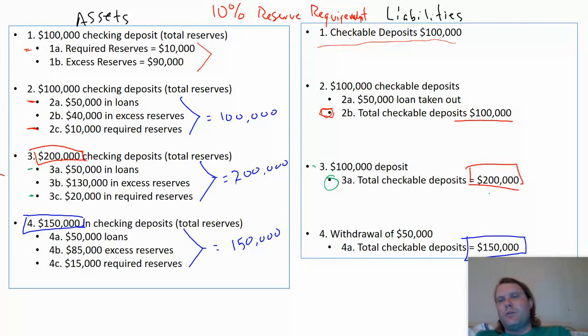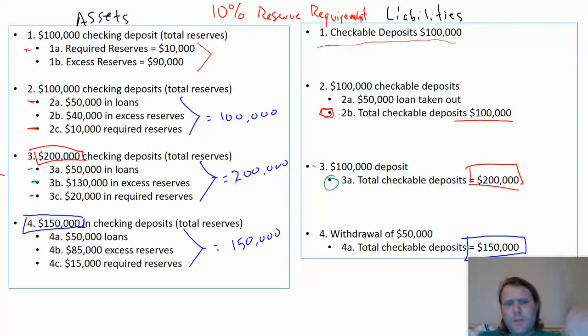Remember, we've got $200,000 in here now, so our required reserves are going to be $20,000. That's something that is a little bit tougher to remember. The more you write down, the easier it is to keep track of things. All this stuff has to equal $200,000. So we know in this case that we've got 130,000 in excess reserves.